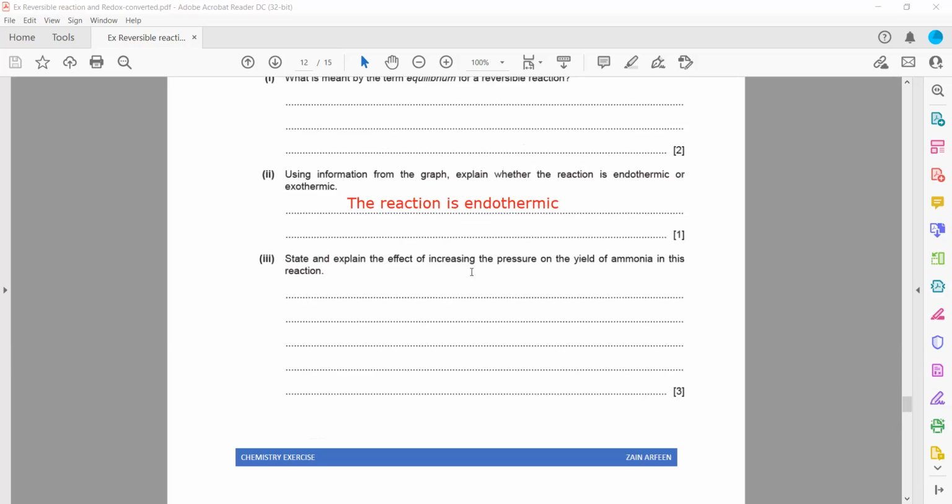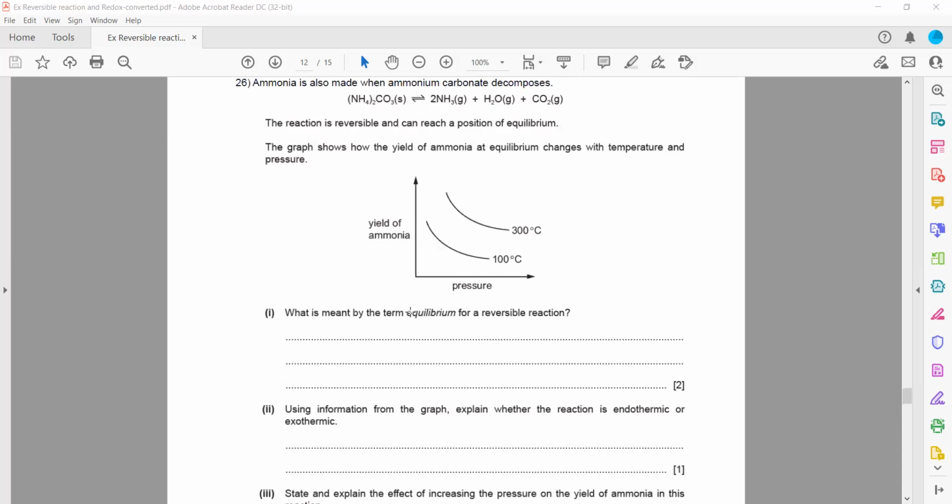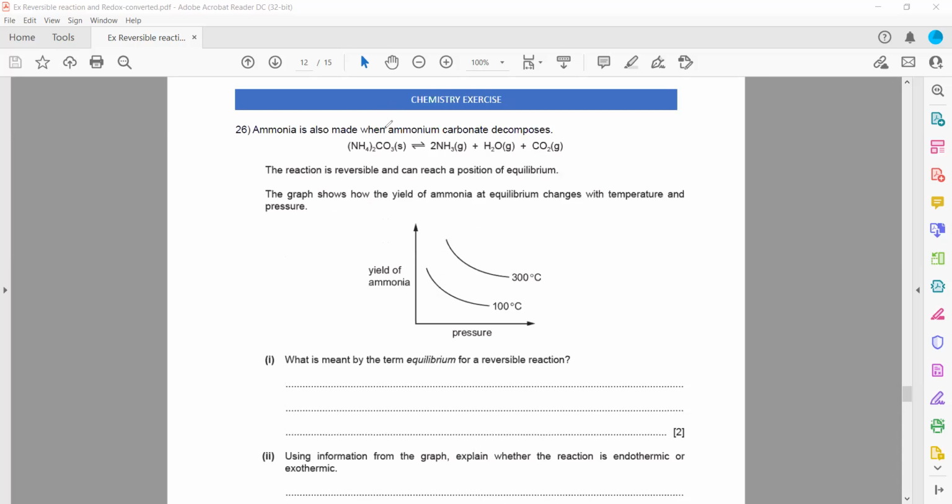State and explain the effect of increasing the pressure. What is the effect of increasing the pressure? As you can see, here we have no particles of gas, this is a solid. Here we have 2 plus 1 plus 1, so there are 4 particles. So when we increase the pressure, equilibrium will shift towards the left hand side, so the yield will decrease.